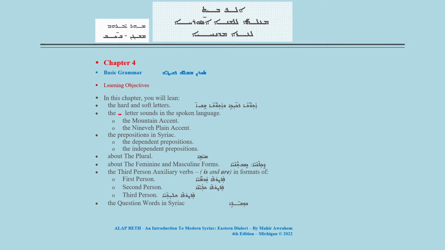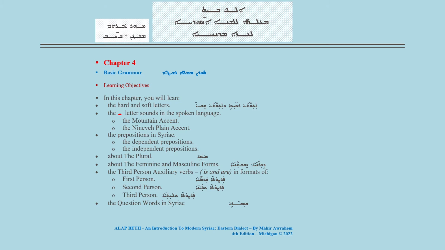For example, the hard and soft letters, we have 6 letters. We learned that when we have a single dot or semicircle underneath it, it's going to change the sounds of the vowel. Also, the letter ḥ sounds in the spoken language, and I mentioned that sometimes it sounds like kh.